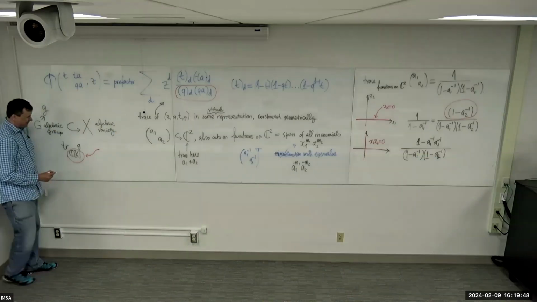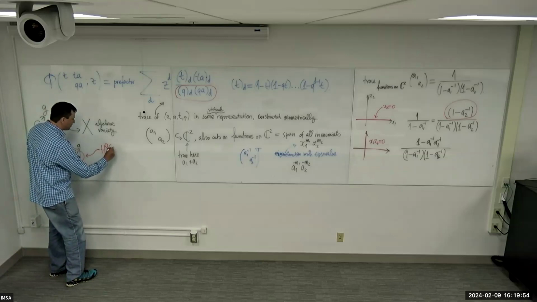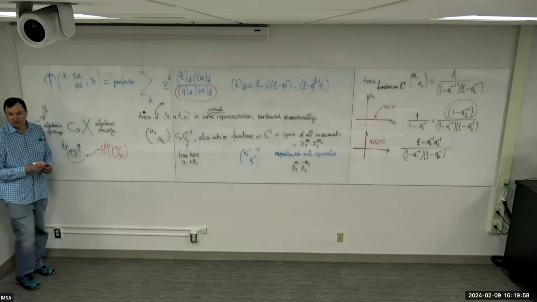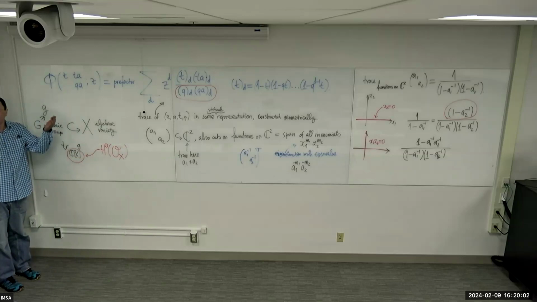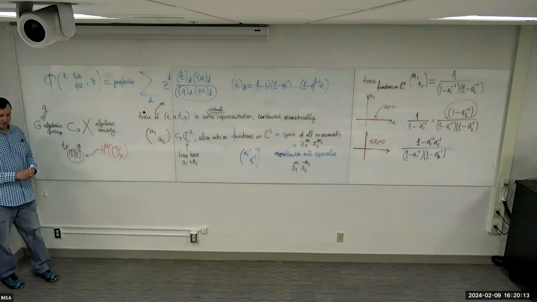These are the global sections of the sheaf of functions on X. For every algebraic variety, it comes with some coordinate charts, I have some sort of functions, and then I take the global sections of this object.